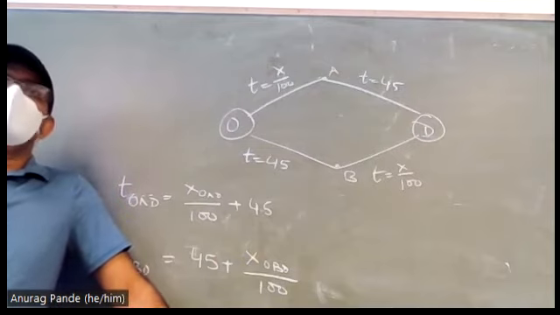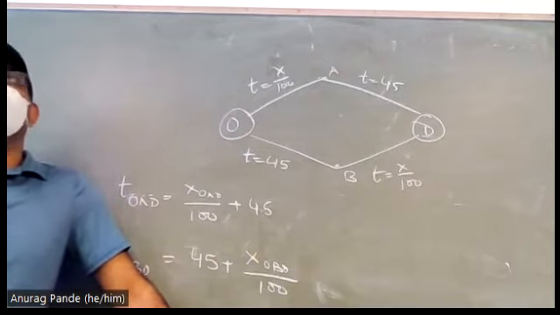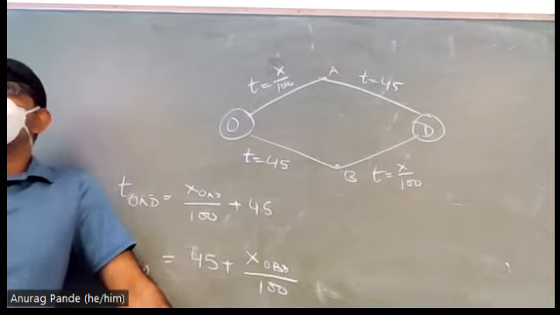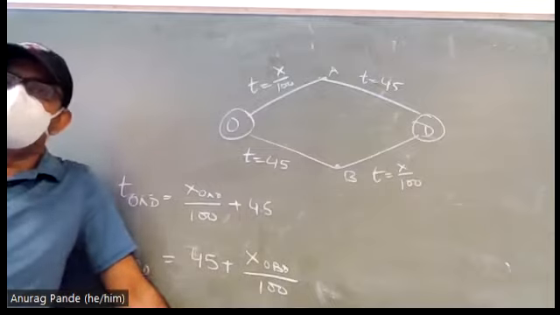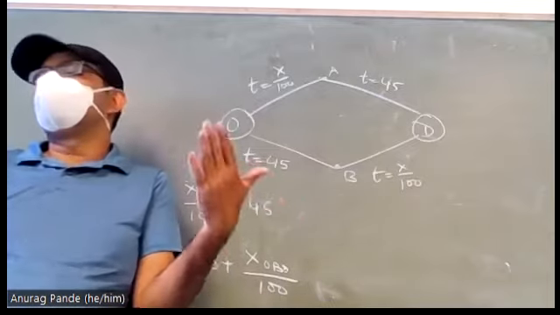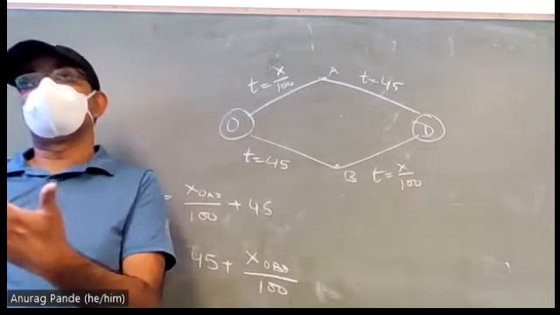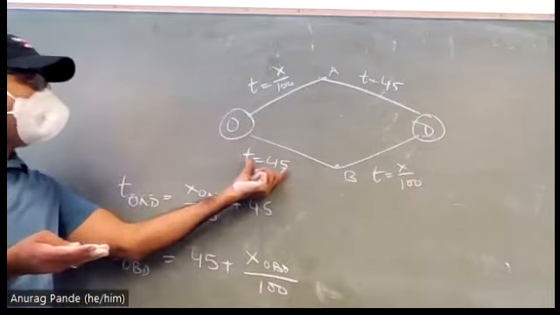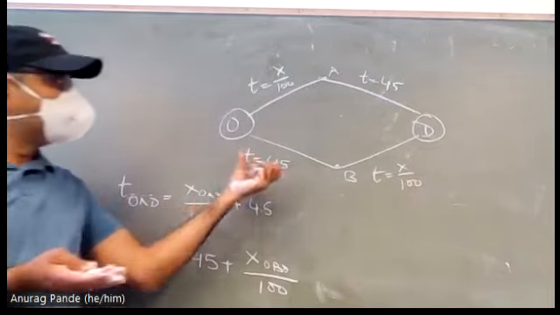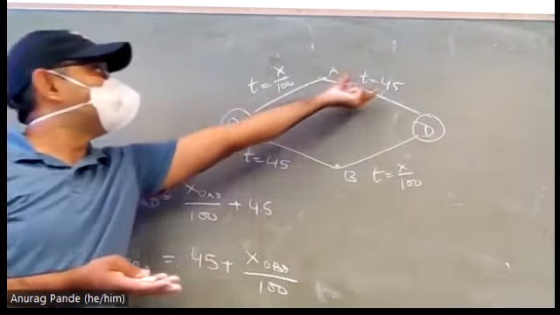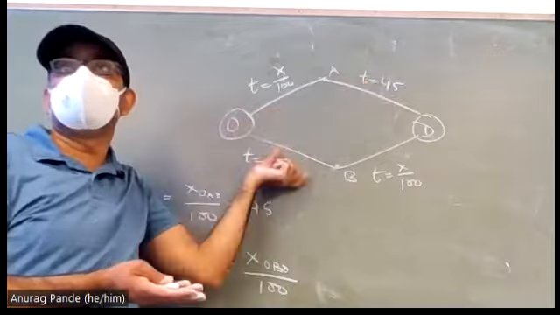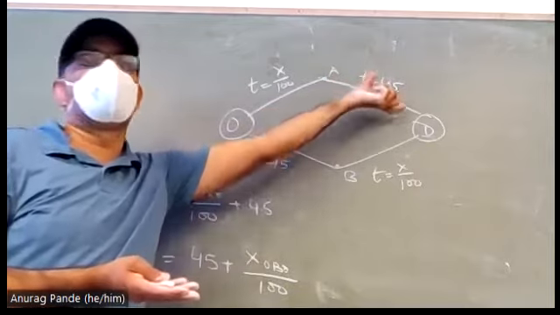You remember our old Highway Capacity Manual flow-speed curves, where the speed doesn't start to go down and the curve is almost flat until you hit the 1,300 passenger cars per hour per lane threshold. So you can think of this that way a little bit: the demand is never high enough to budge the travel time over here. The demand is never high enough to budge the travel time over here. The travel time on these links always remains 45.